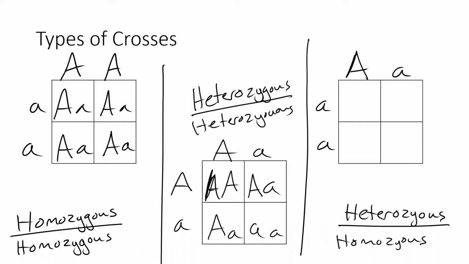And so this would change depending on if the parent was homozygous dominant or homozygous recessive. But either way, you can figure out the probabilities by just filling in the little box. So we can see here 50% of the individuals will be homozygous recessive, meaning they'll show the recessive trait, and 50% will be heterozygous, meaning they'll be carriers for the recessive trait, but they will be showing the dominant phenotype.